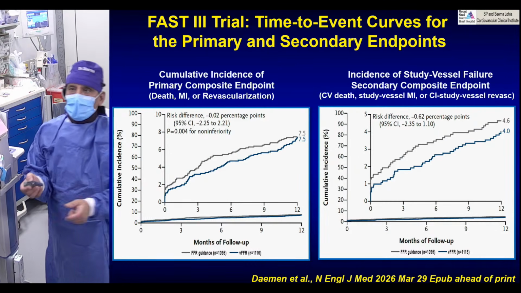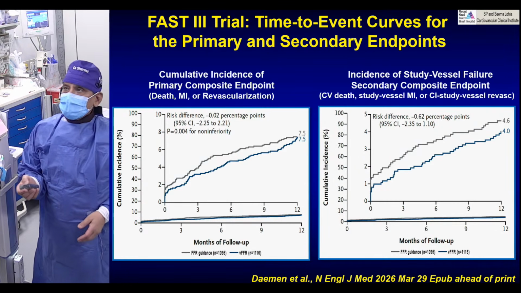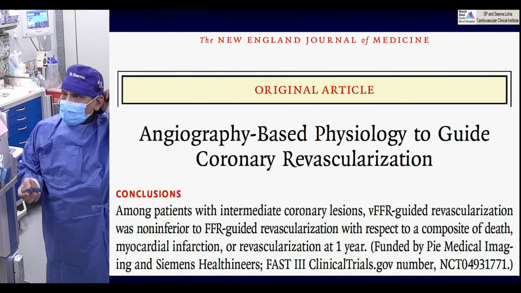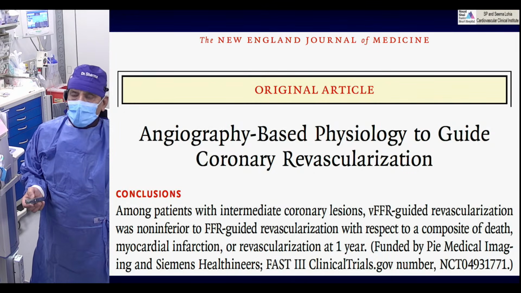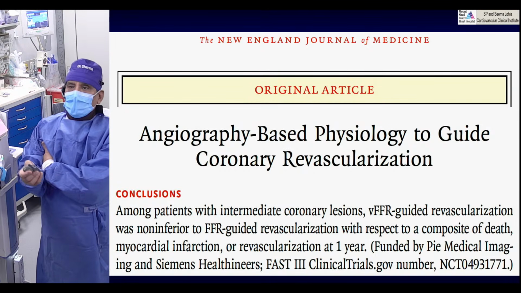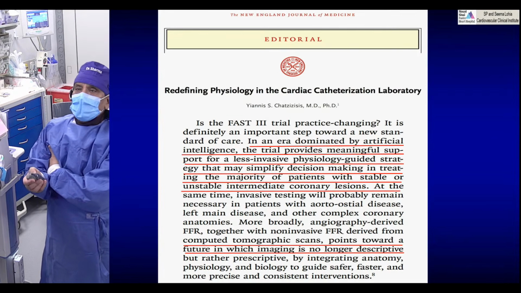FFR is the invasive one, and this is just by the CT scan, and you can see the overall outcome is completely fine. So they basically showed that vFFR guided revascularization was non-inferior to FFR guided revascularization with respect to death, MI, or revascularization at 1 year.